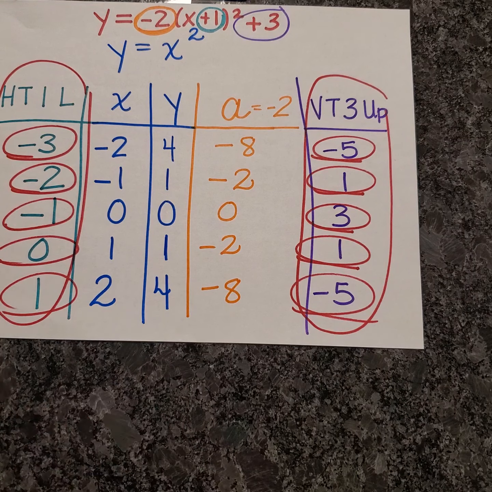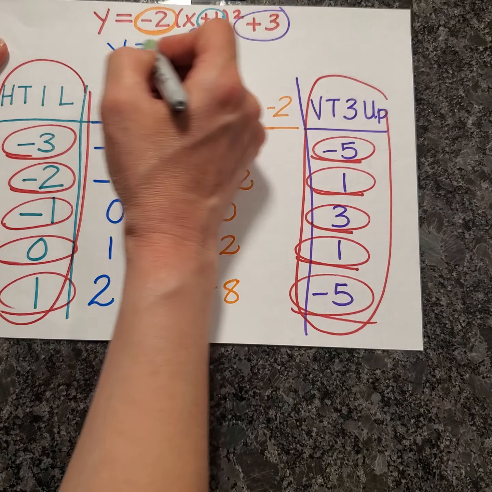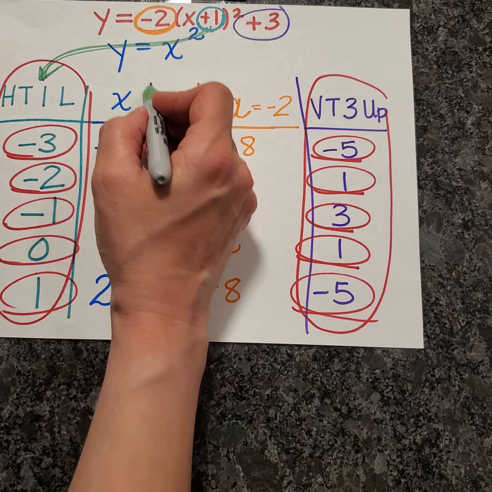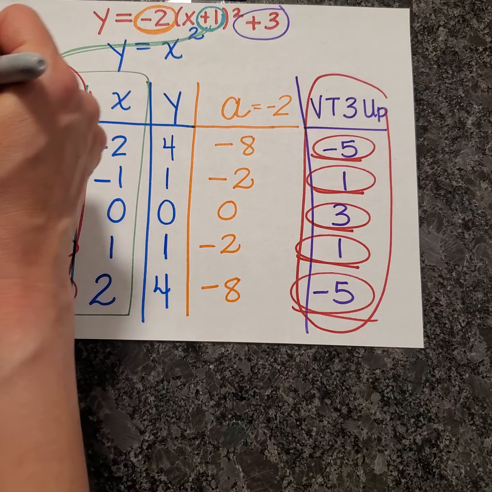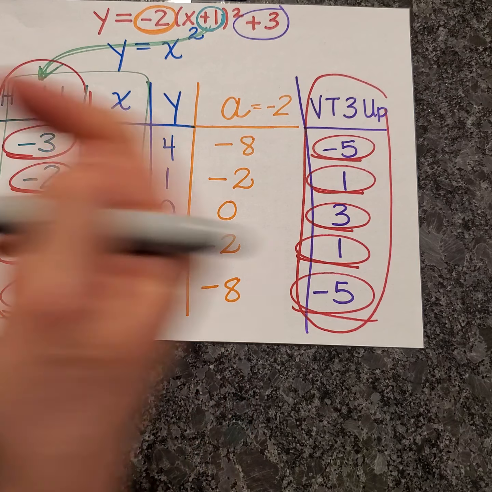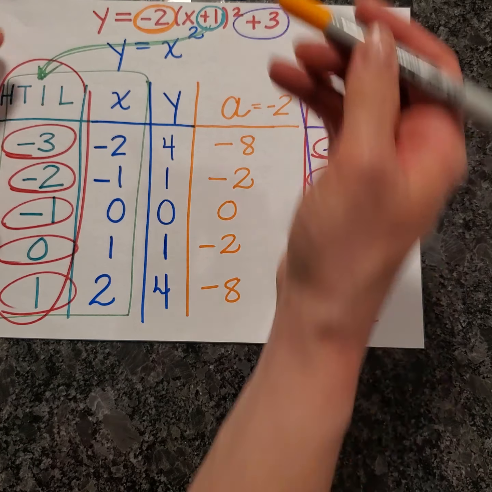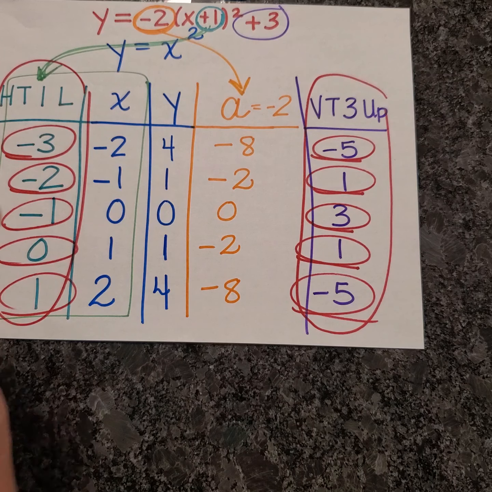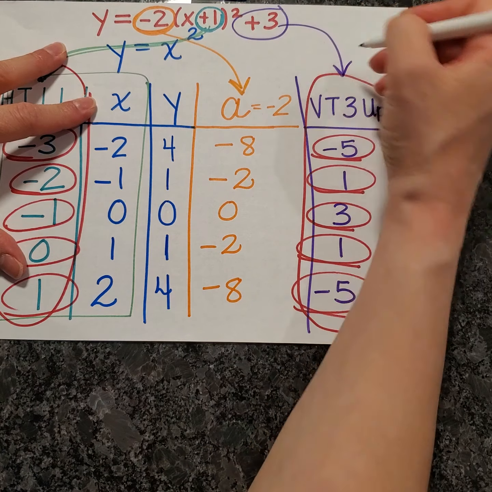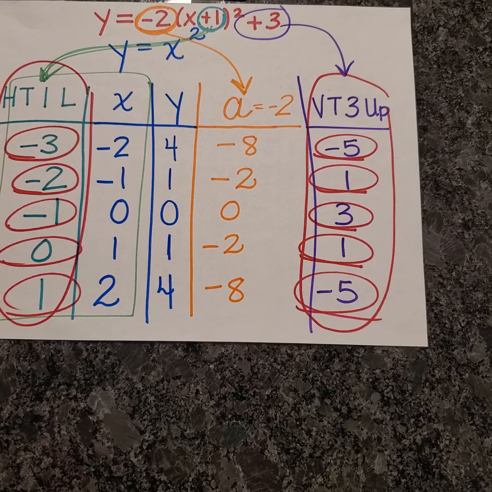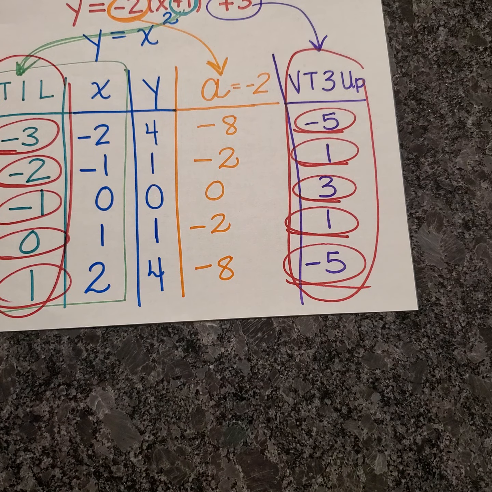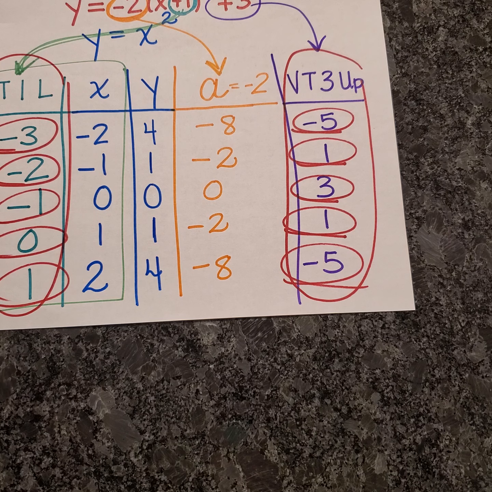Then if there was a horizontal translation, you're going to have an additional column over here that only impacts the x values. And if there was a vertical stretch or a vertical compression or a reflection, you're going to have this extra column here. And then if there was a vertical translation, you'll have this one here. Okay, so a plain parabola has a 2-column table of values, and then the additional columns depend on the transformations.